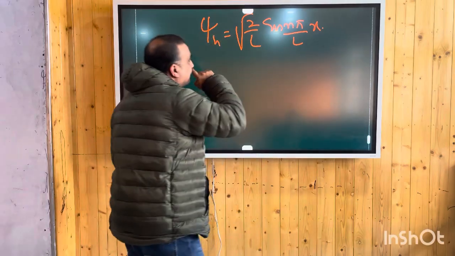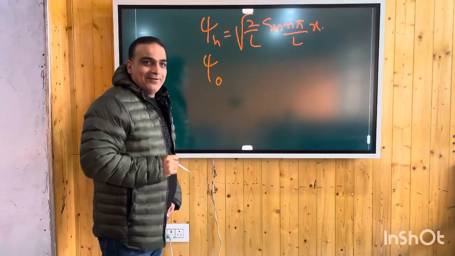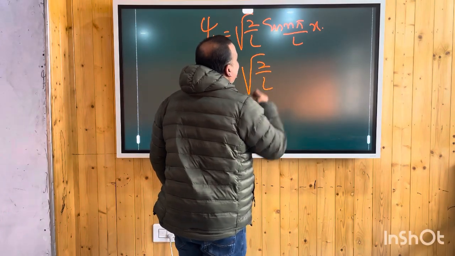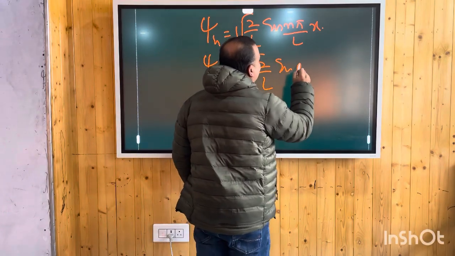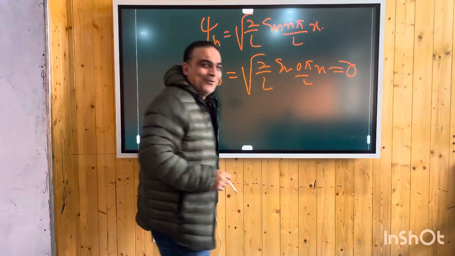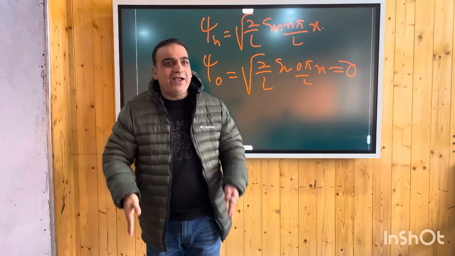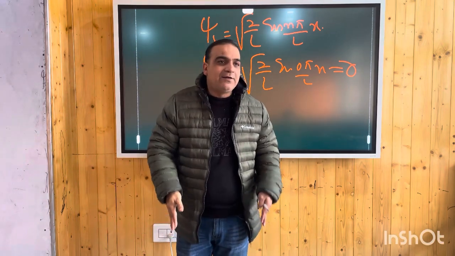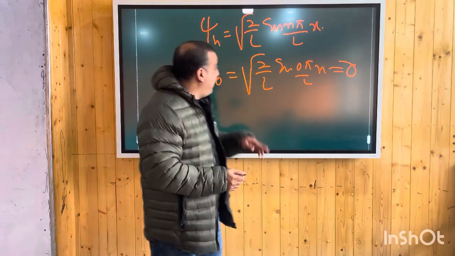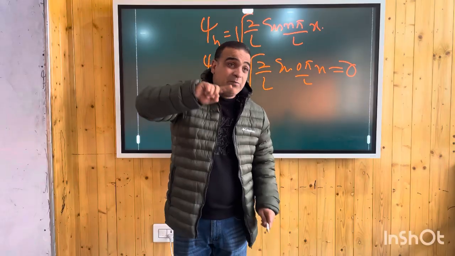Now, I would like to write down psi 0. What will be psi 0? It will be under root of 2 by L sine 0 pi by L times x, and this is 0. What is it telling you? It is telling you that these infinite walls do not allow us to have psi 0. So if psi 0 is 0, there is no probability density.